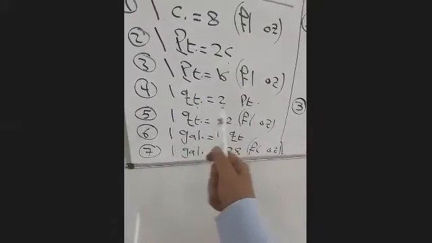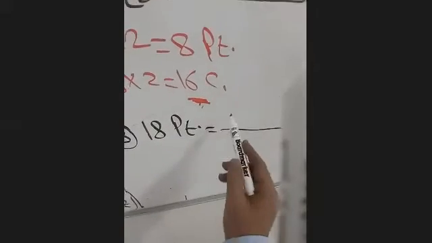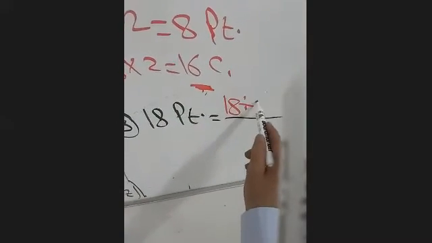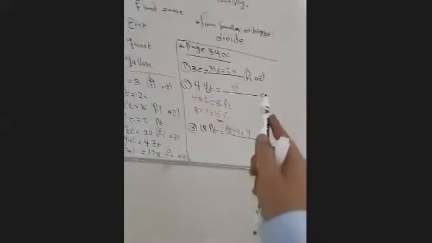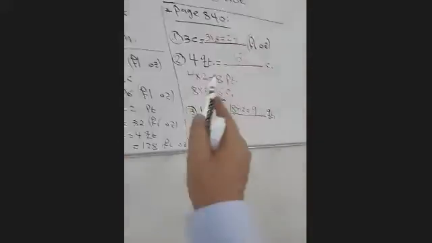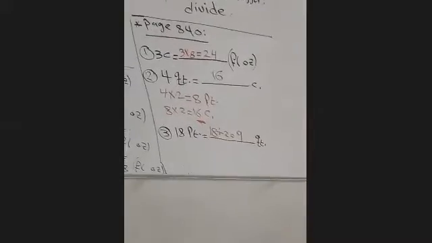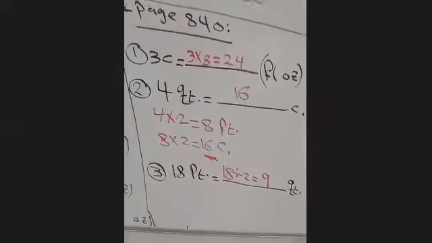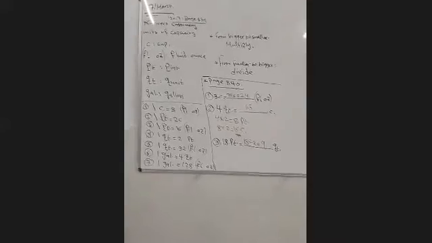From smaller to bigger, I will divide by 2. So 18 divided by 2 is 9 quarts. So if we have a direct formula, we use it. But if we don't, we can use more than one until I get my answer. These are 3 questions. Consider them as examples for how we use these formulas.